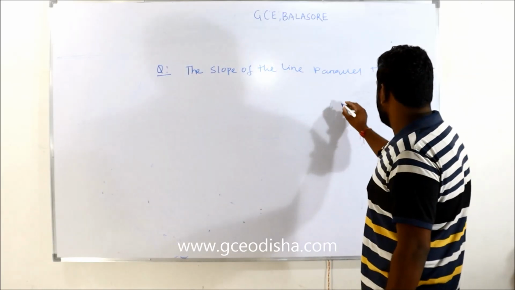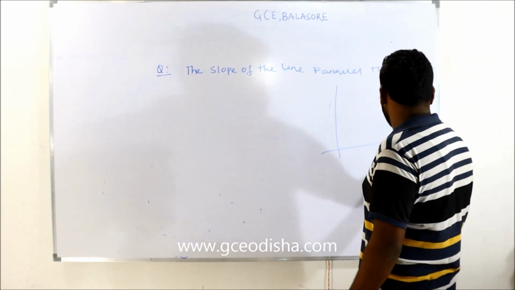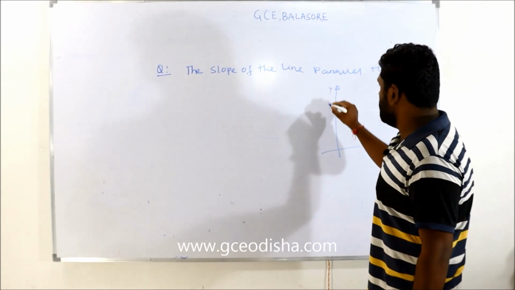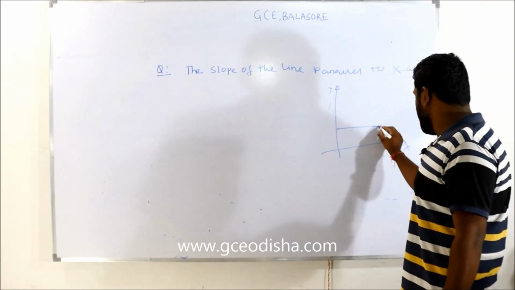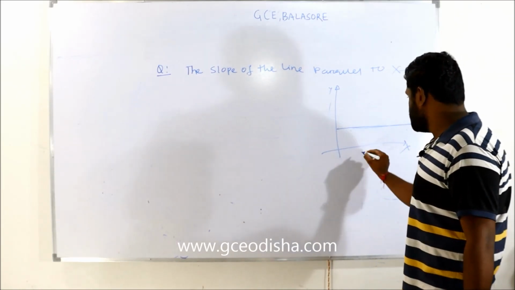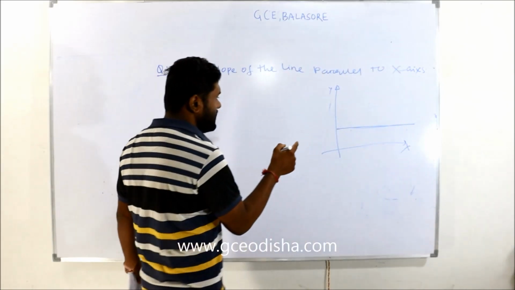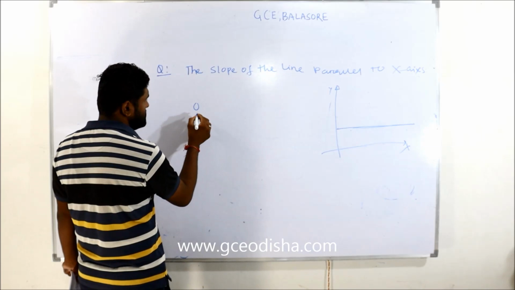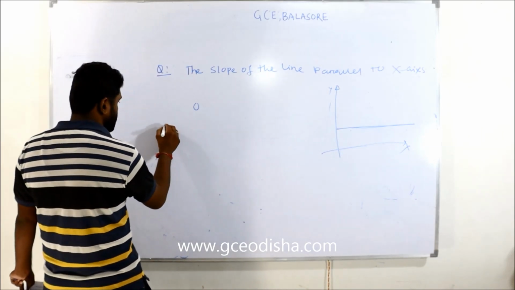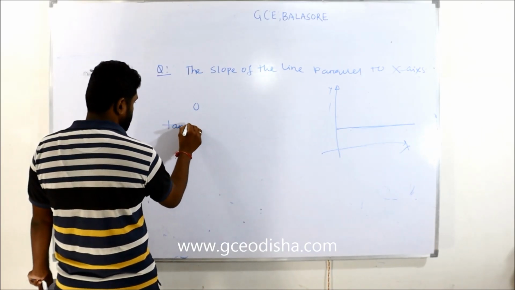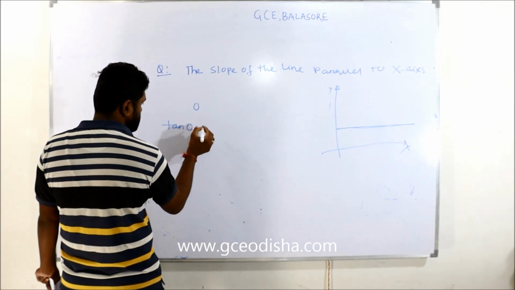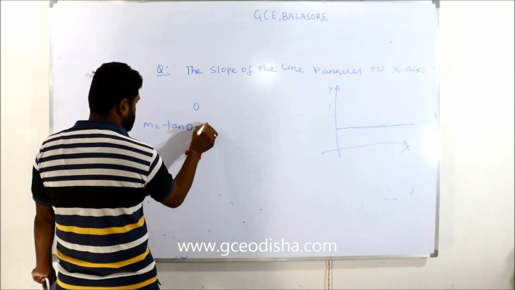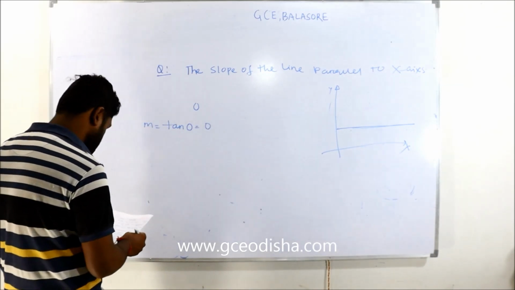Okay, this is the coordinates x and y. And the line is parallel to the x-axis. Then what is the angle between the x-axis and this line? This is 0 degrees. Then tan 0, this is the slope, is equal to 0.